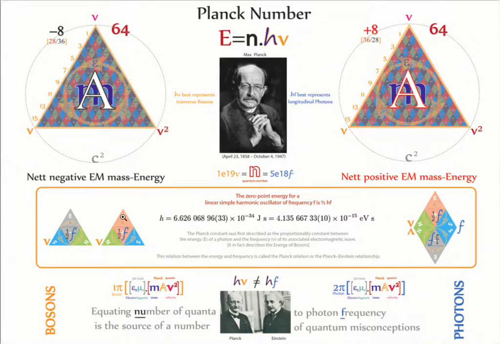With the current formulation of quantum mechanics, the formulation for zero-point energy is in fact a half frequency, half h f. Tetrionics now reveals this geometry to be a boson of single quanta, in this case a positive or a negative charge, dependent again on its measured properties, and we express this as h nu.